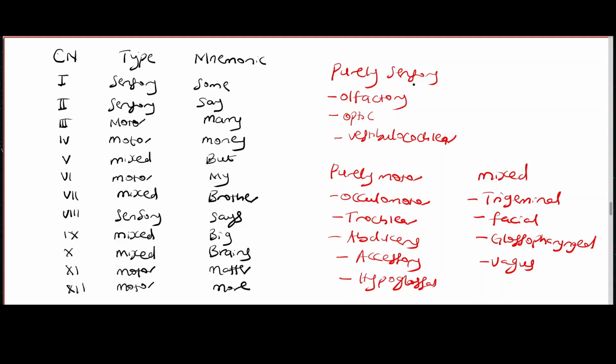The purely sensory ones are the olfactory nerve, the optic nerve, and the vestibulocochlear nerve. The purely motor ones are the oculomotor, the trochlear, the abducens, the accessory, and the hypoglossal. The mixed nerves are the trigeminal, the facial, the glossopharyngeal, and the vagus.